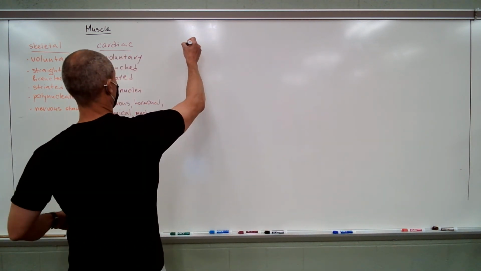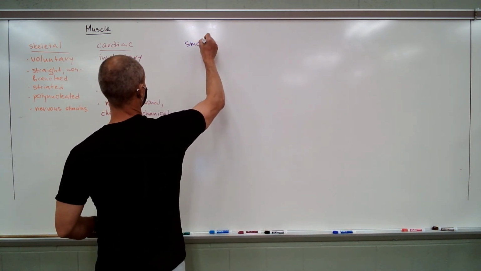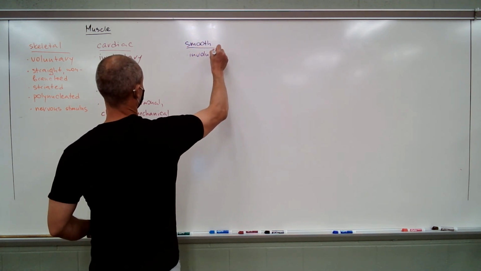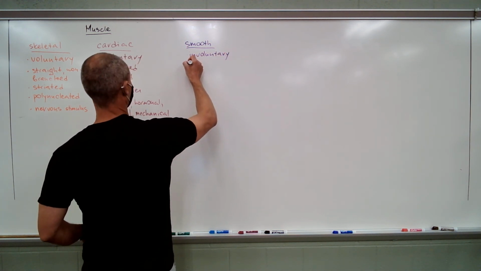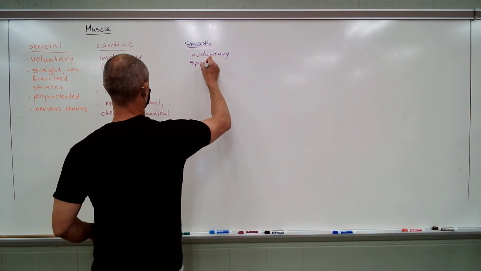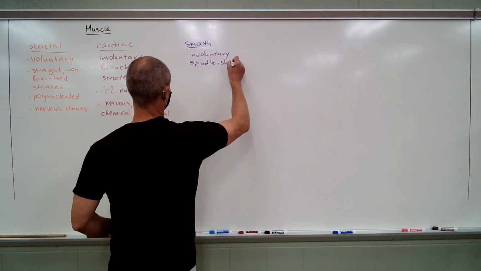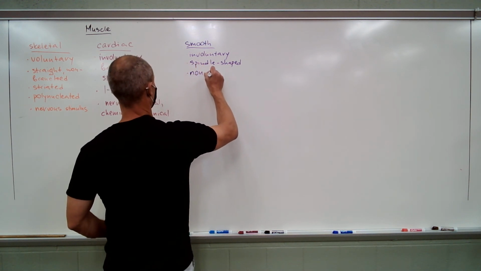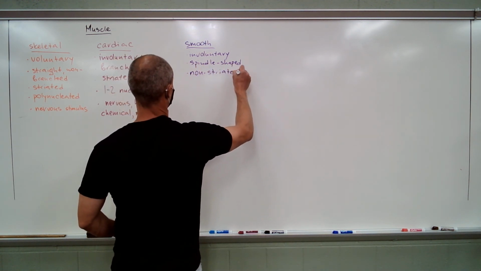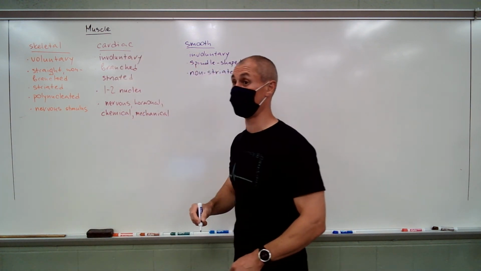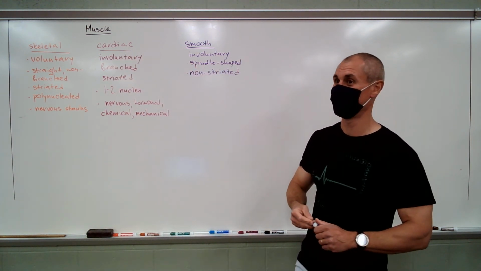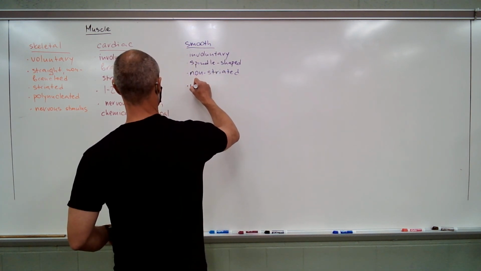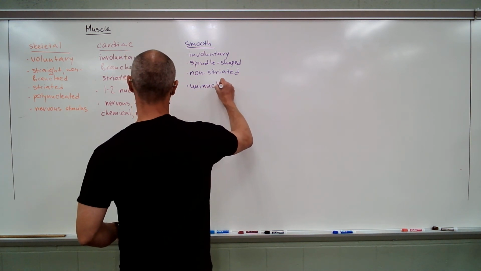And the third type, the smooth muscle. Only involuntary. Cells are spindle-shaped. Non-striated, which you should think at this point means the mechanism is different, right? Uninucleated, so one nucleus.